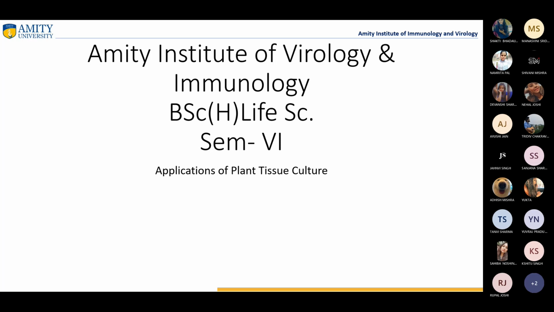Any small part taken from a plant, even if it's a totally mature cell which is not dividing further, if provided the proper conditions or nutrients, can develop into a whole plant. This is not possible in animals or humans except stem cells. We are not talking about that. This is a special ability which only plants have, right?